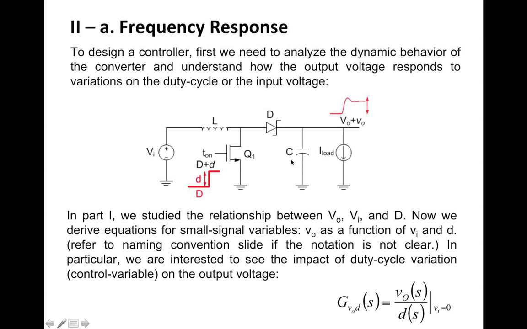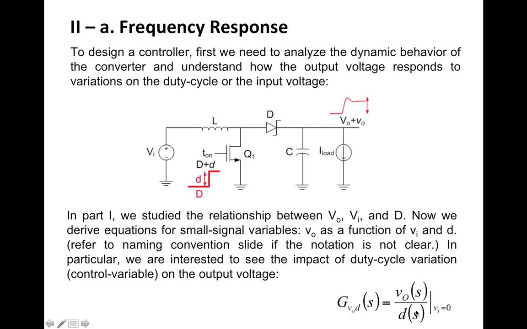Since the discharge of the output is longer, it means that the output voltage initially goes low, and eventually the inductor current charges up to a higher value, and that compensates for the initial dip in the output voltage. So this behavior, when we expect a variable to go up, but in the beginning of the transition it dips, means the existence of a right half plane zero in our transfer function.